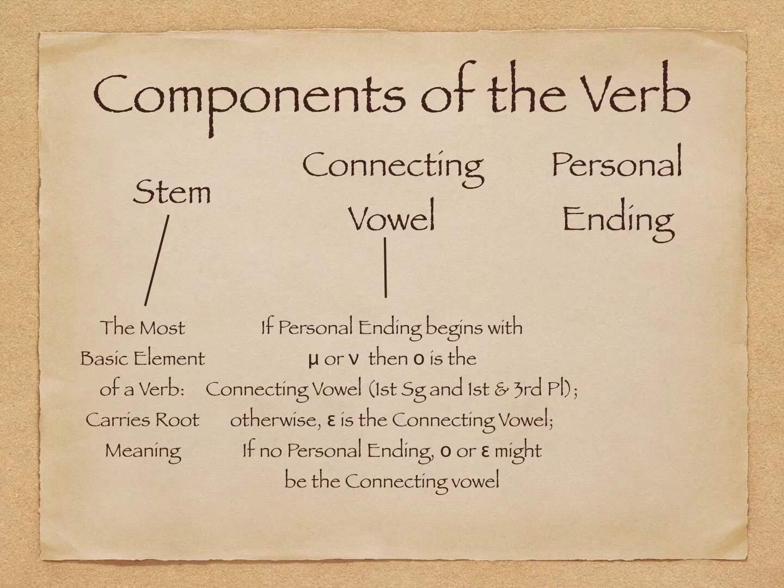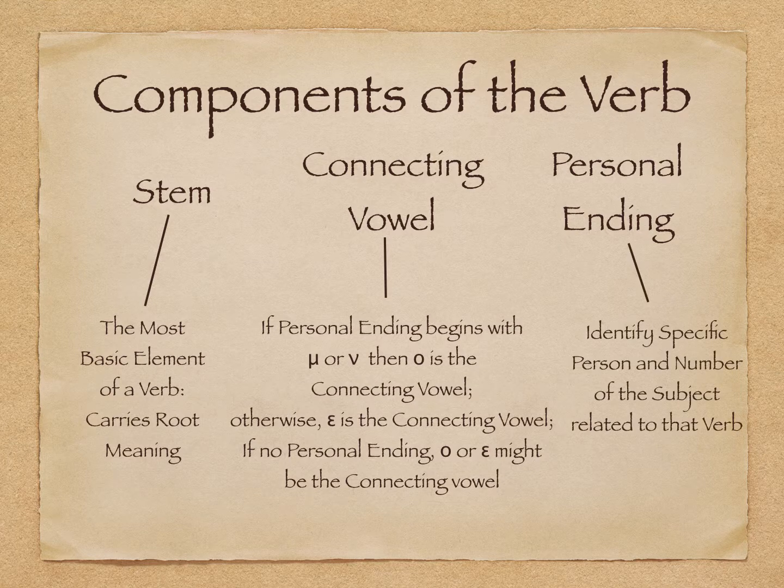And that's most often the first singular and the first and third plural. Otherwise, epsilon, which looks a bit like an E in English, is the connecting vowel. If no personal ending, omicron or epsilon might be the connecting vowel. So keep in mind, mu or nu, then you're going to have omicron as the connecting vowel.